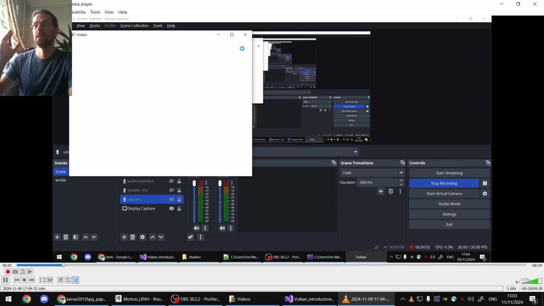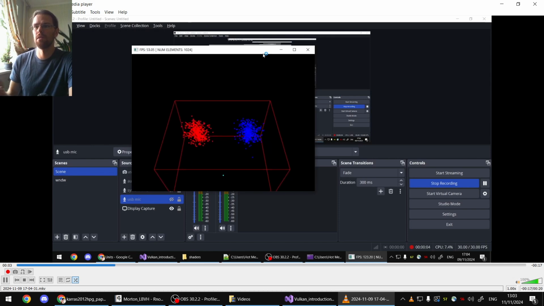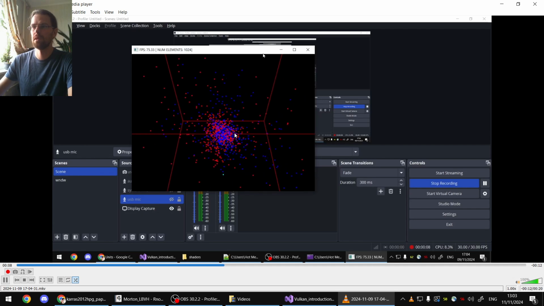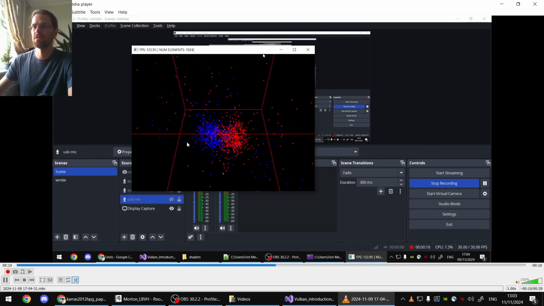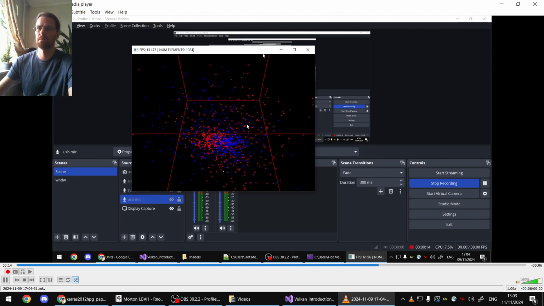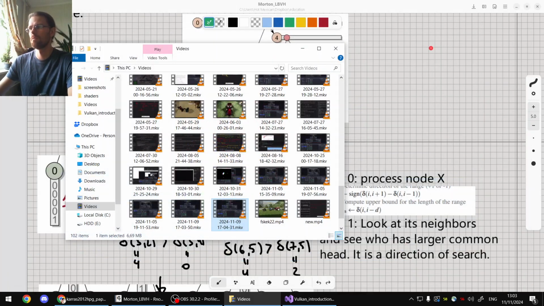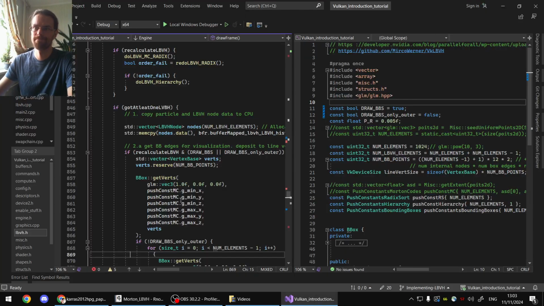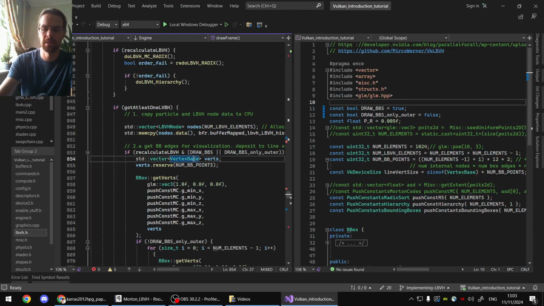But yeah, in this case, each particle actually interacts with all the other particles. And so you see this kind of gravitational interaction, which is interesting. It turns into complete chaos for many reasons. It depends on how you integrate.